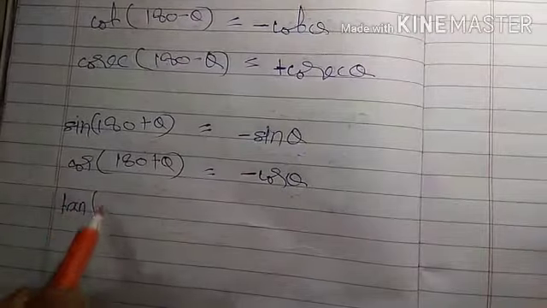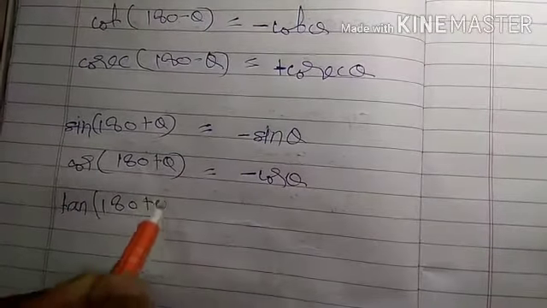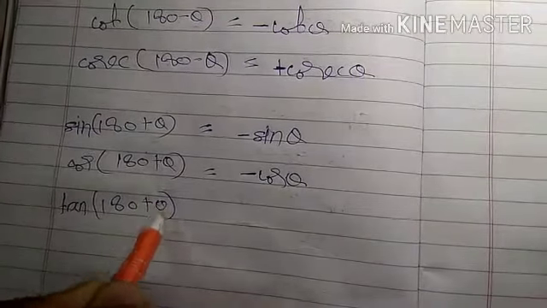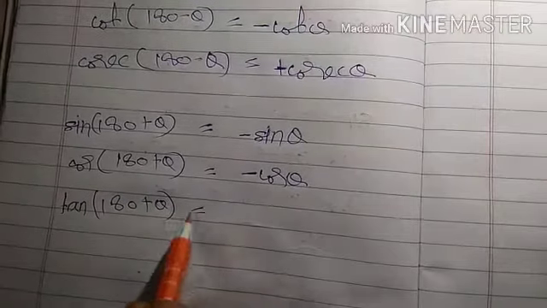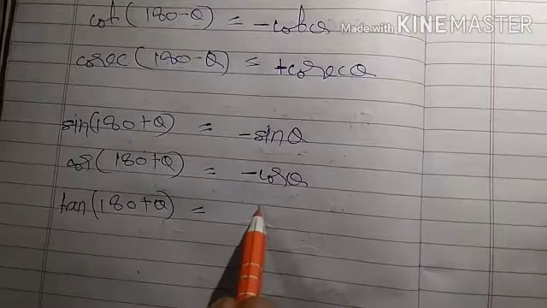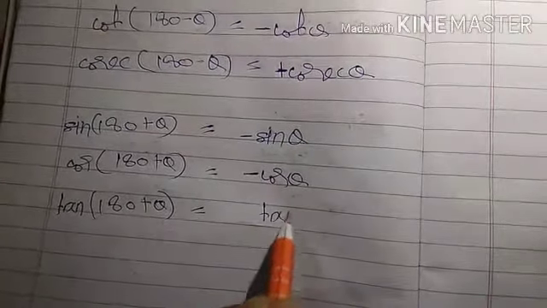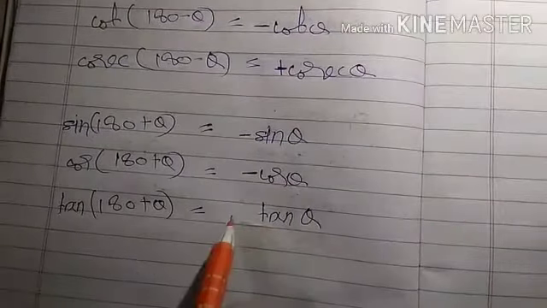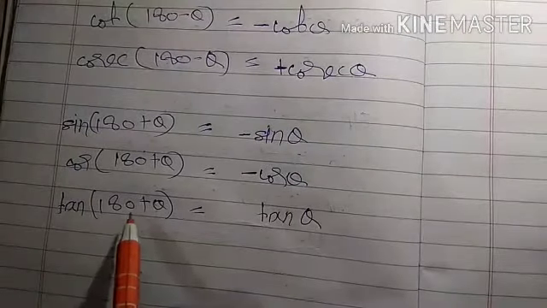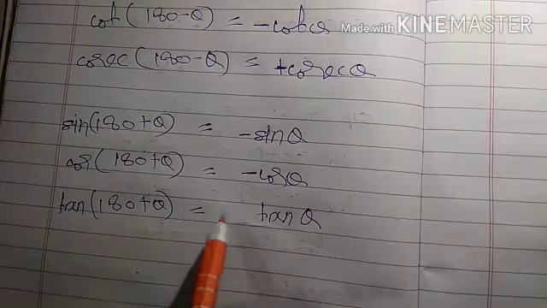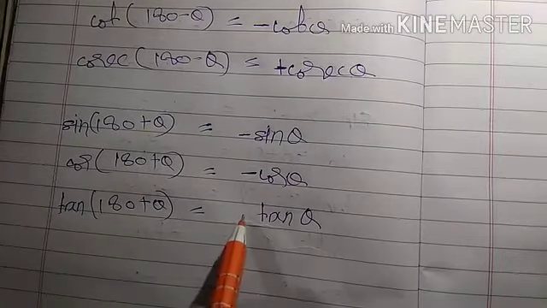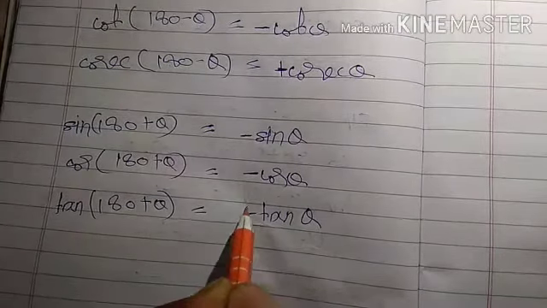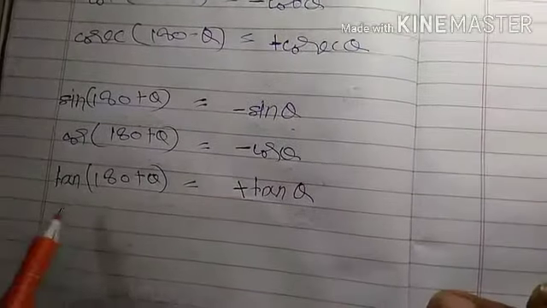Tan(180 + θ): functions change is not allowed, so tan θ. It is in the third quadrant, only tan θ and cot θ are positive, so tan θ is positive.